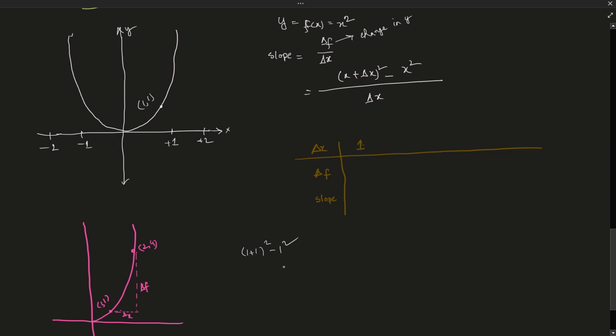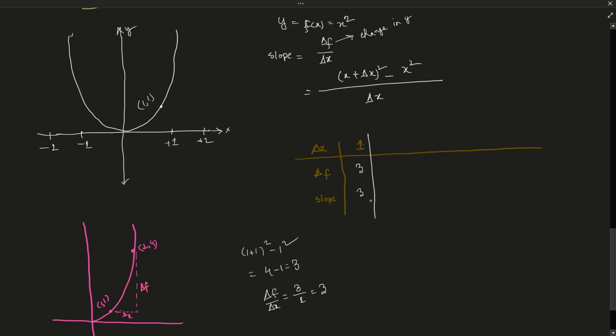So it comes 4 minus 1 is equal to 3. So del f will be 3 here, and the slope will be del f by del x, so it is equal to 3 by 1, so it's 3. So our slope is 3 here.